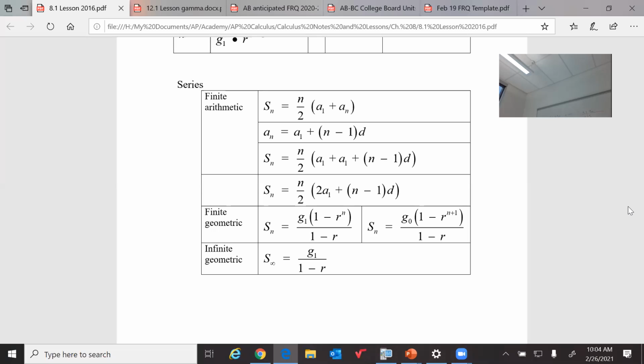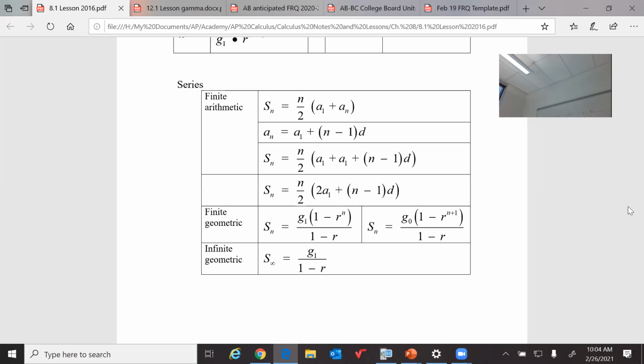If it is infinite and the constant ratio is less than 1, then what would happen? Then this r, which is less than 1, when you multiply it by itself an infinite number of times, it would go to 0. Then your numerator would be 1 times g sub 1. So the algorithm is easier for an infinite geometric series.